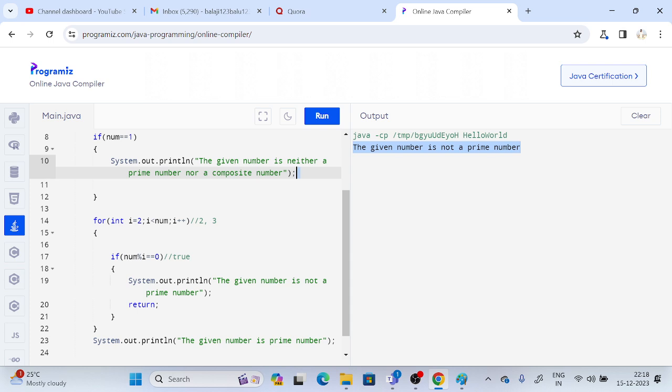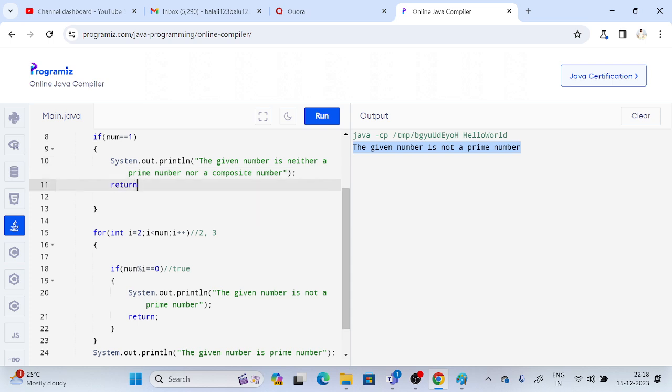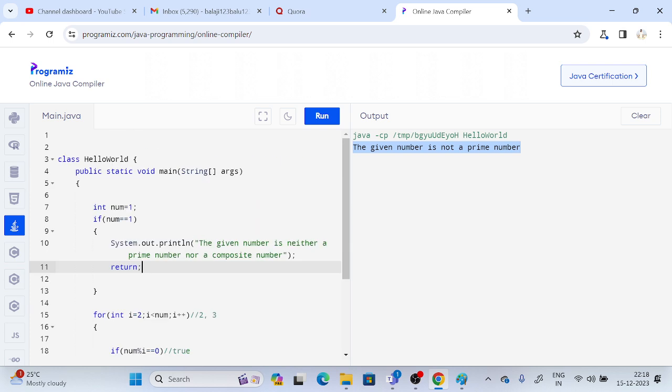And after executing this, just return. If I am giving the input as 1, it will execute this if block and the program will be terminated. This is another test case. The given number is neither a prime number nor a composite.